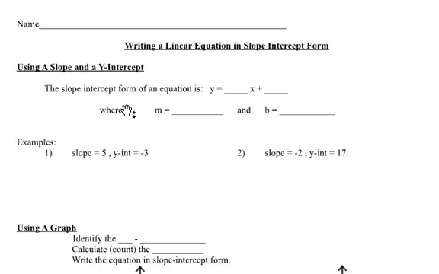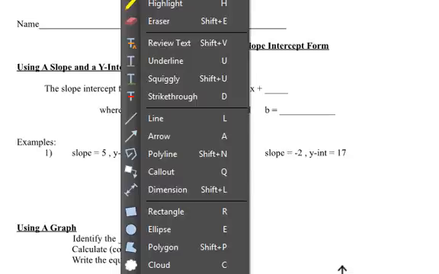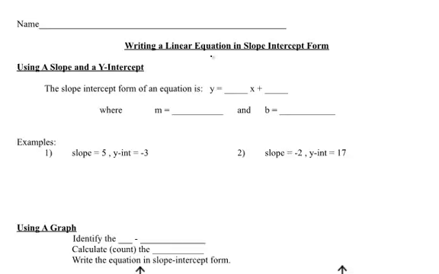So, the slope-intercept form of an equation is written in the form y equals mx plus b, where m is the slope and b is the y-intercept. The y-intercept is where the line crosses the y-axis.